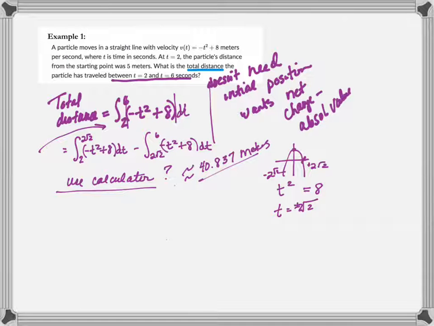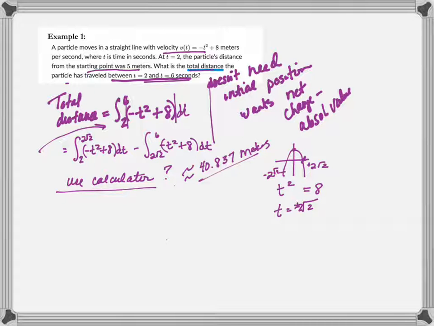So the first example is just giving you a velocity function and saying at t equals 2, the distance is 5 meters from the starting point. It wants the total distance the particle travels between 2 and 6. Well, total distance would be absolute value.